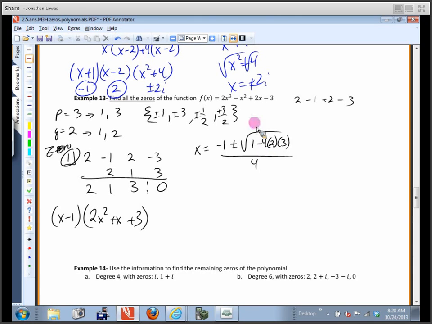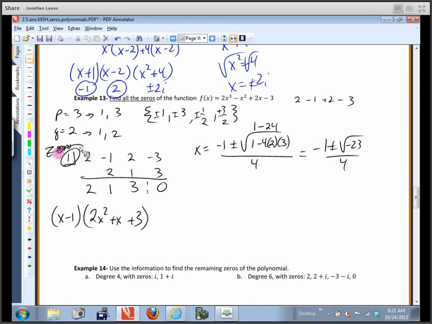Okay. Careful right here. This is going to be 1 minus. So we're definitely going to have a negative underneath the radical. This is minus 24, right? So this is negative 1 plus or minus radical negative 23 all over 4. Now, if this said factor, we'd have quite a bit more work to do. This said find all the zeros.